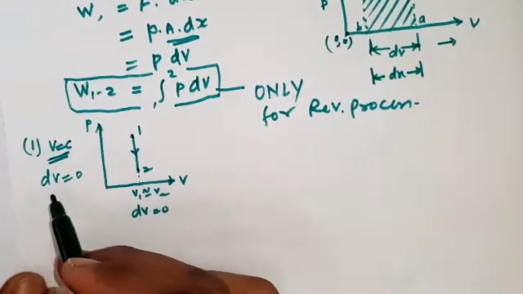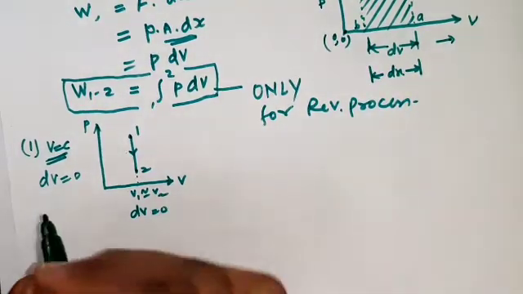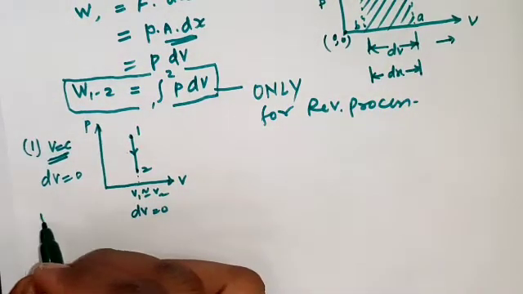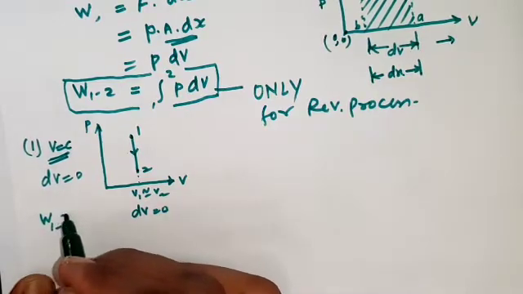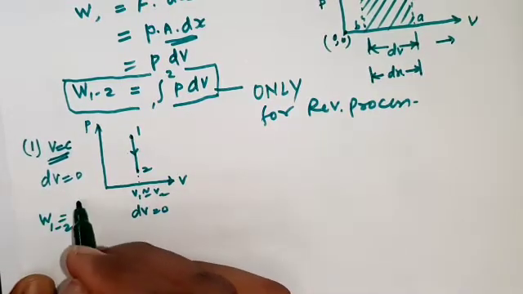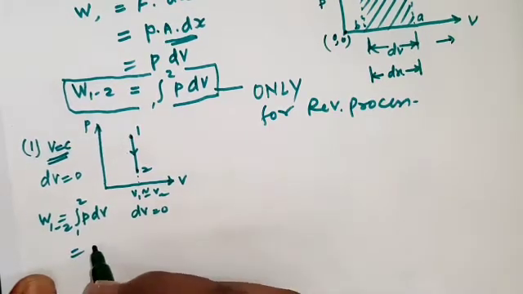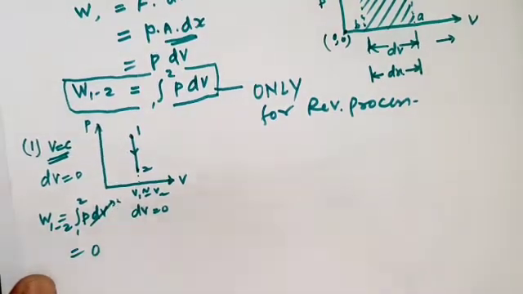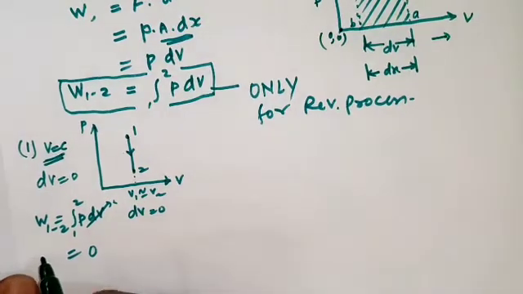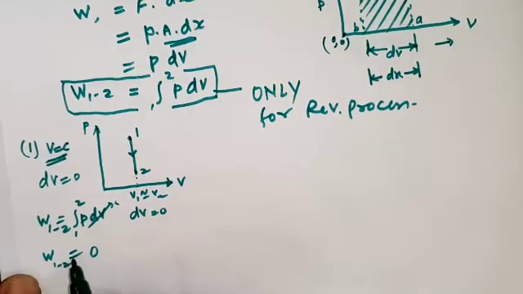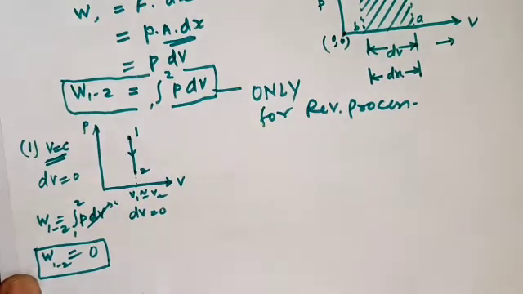It means dV is equal to 0. Then W1 to 2 is equal to integration of P dV will be 0, because dV is equal to 0. So here work done during this process at constant volume will be 0.